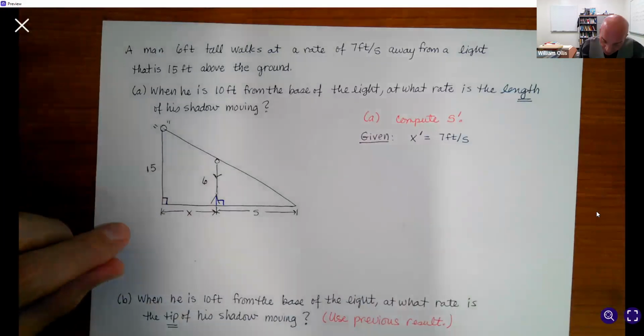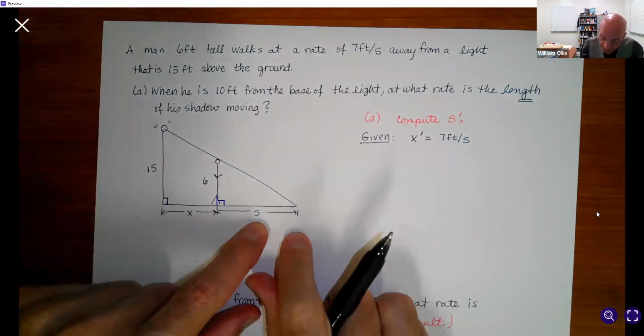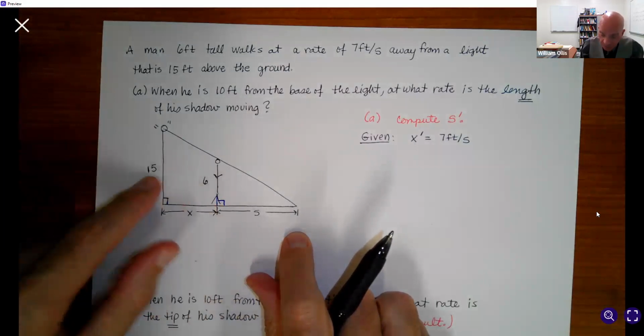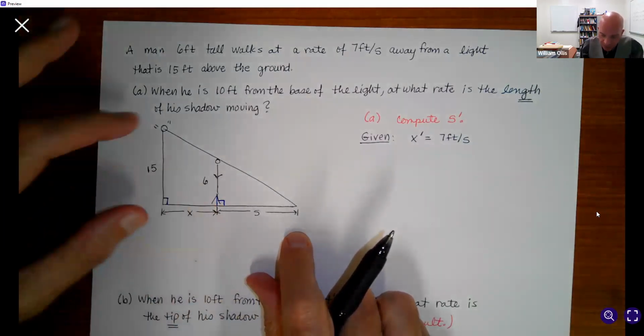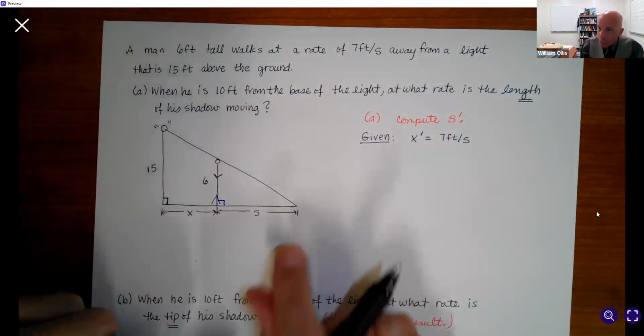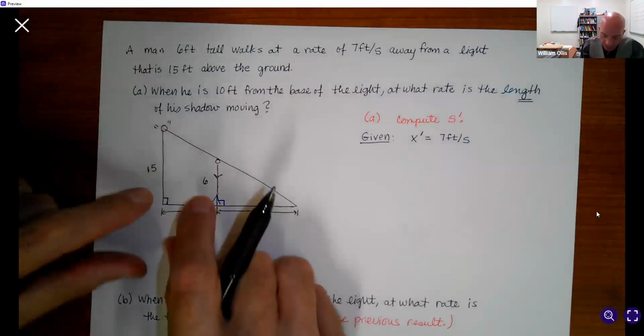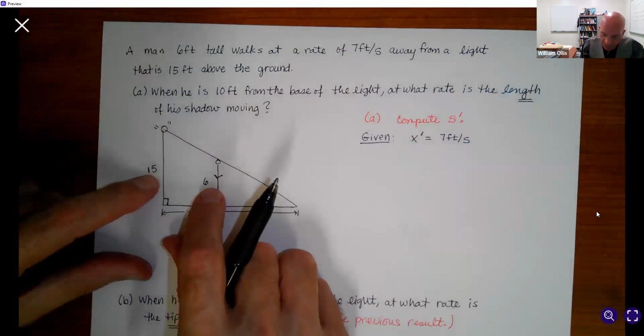Now, again, we're trying to find S prime. We know 6 and 15. So those are given, but they're just sides of triangles.